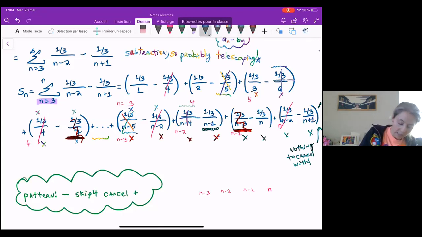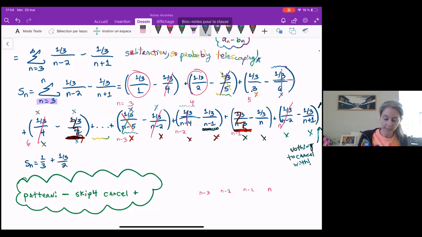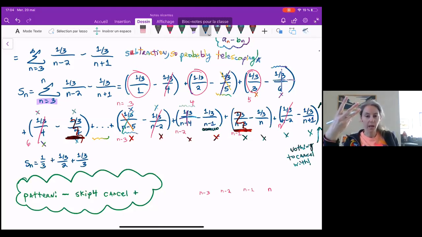So what that means is now my S sub n is equal to what's left over in the beginning, 1/3. I have that 1/3 left over. Plus 1/3 over 2. That's left over. Plus 1/3 over 3. That's left over. I got 3 things left over in the beginning.